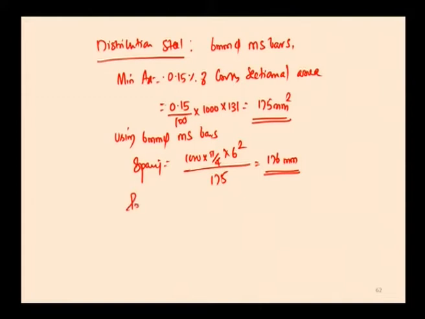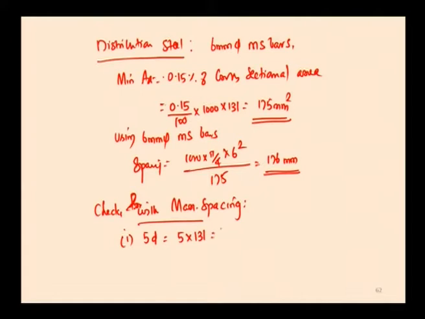So, I am going to again check this with the maximum spacing. This is a distribution reinforcement that is provided perpendicular to the direction of main reinforcement. So, the maximum spacing is 5 into effective depth of the slab, 5 into 131, that is equal to 655 millimeter.